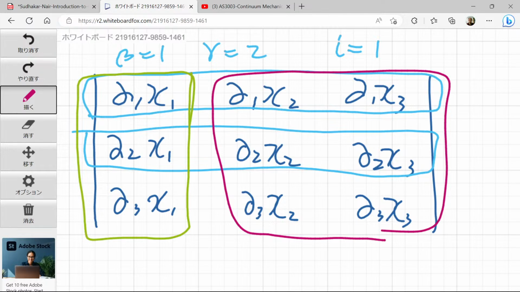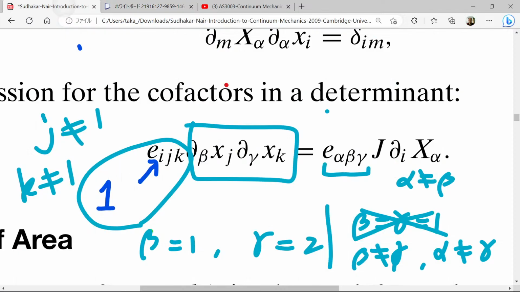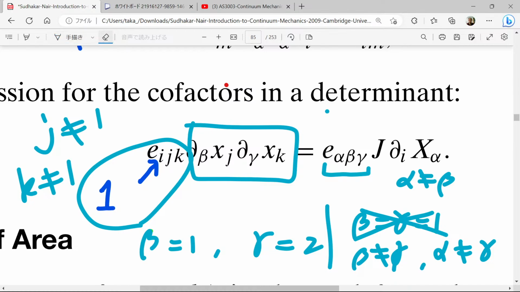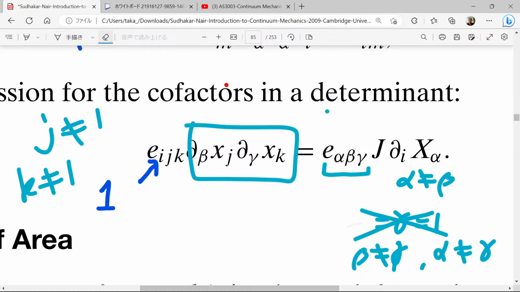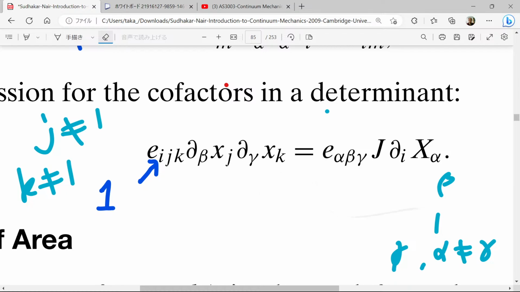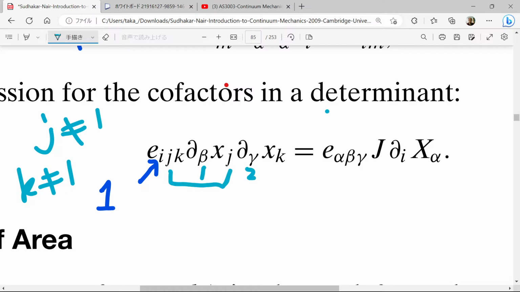Okay, so anyway, you can see here. Now I chose this way. See, I, J, K. I chose beta equal 1, gamma equal 2, right? Then we have a summation over J. So J goes to 2 or 3, okay?